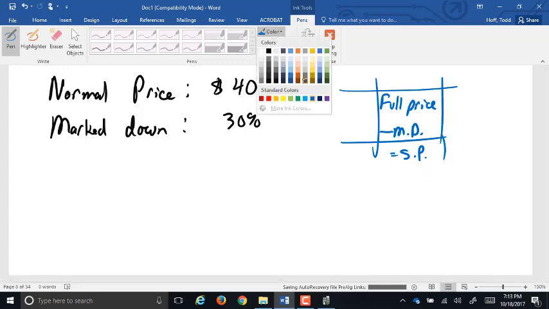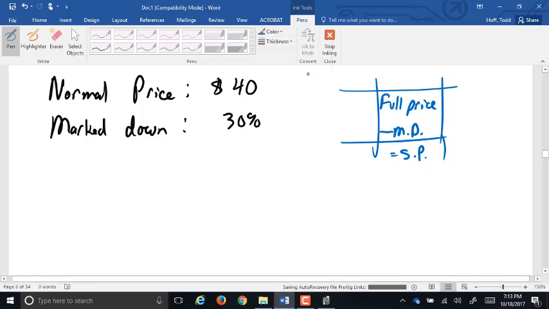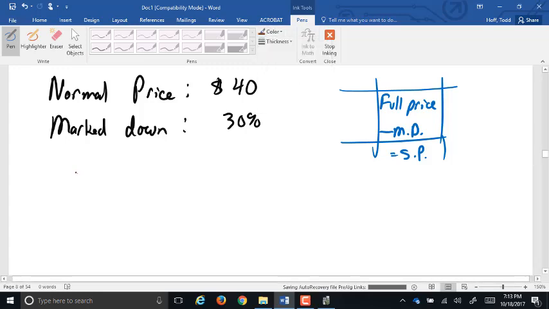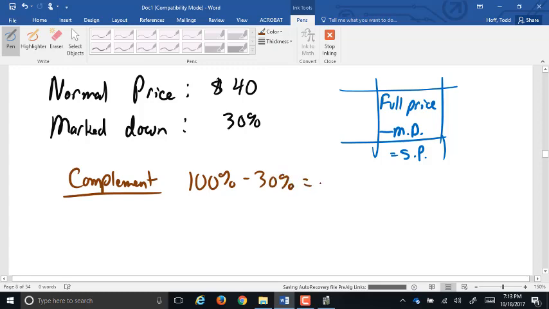We could do that, but with markdowns, it's usually simplest to use a complement. Remember what that complement was? We're dealing with percents. The complement was 100% minus that discount percent, which gives us 70%.